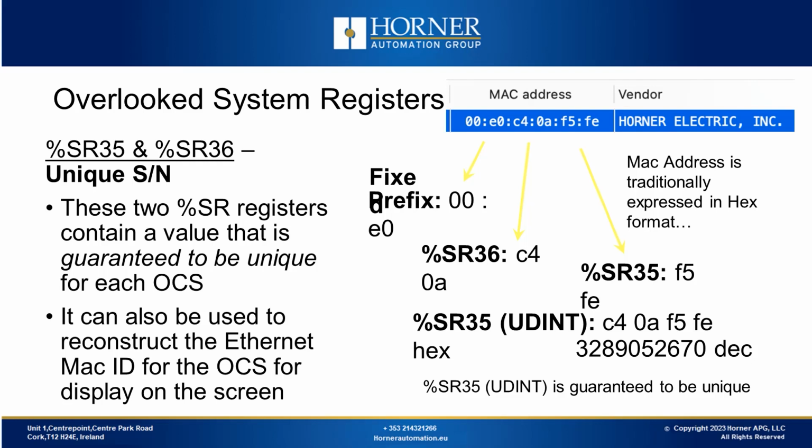Additionally, they can reconstruct the MAC address for display on the screen or other functions. In summary, System Registers 35 and 36 offer a way to obtain a unique serial number for each OCS, serving multiple functions, including security assurance and MAC address reconstruction.